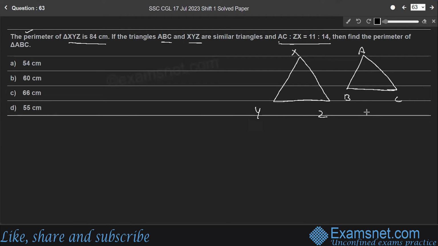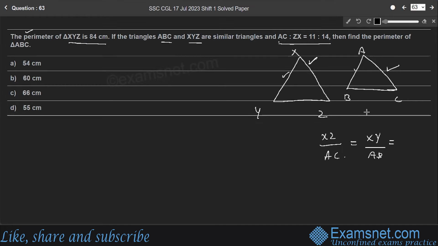Right? So when two triangles are similar, the ratio of their perimeters is equal to the ratio of their corresponding sides. If you consider side XZ, the ratio of corresponding sides becomes XZ is to its corresponding side AC. If you consider XY, the ratio becomes XY is to AB, the corresponding side of XY, right?